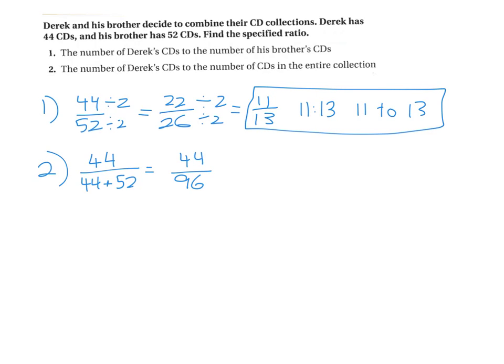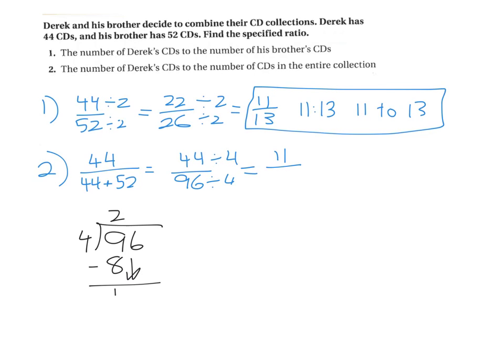Let's try dividing by 4 this time, because that worked last time. 44 divided by 4 is 11. 96 divided by 4, you know what, we better work that one out. 4 goes into 9 twice. 96 divided by 4 gives us 24. So 11 over 24 is our ratio, and we can write that 3 different ways.